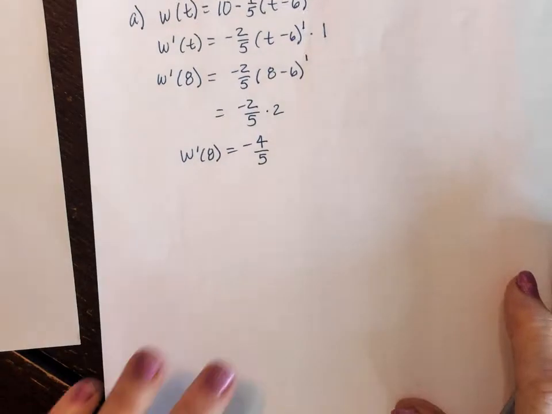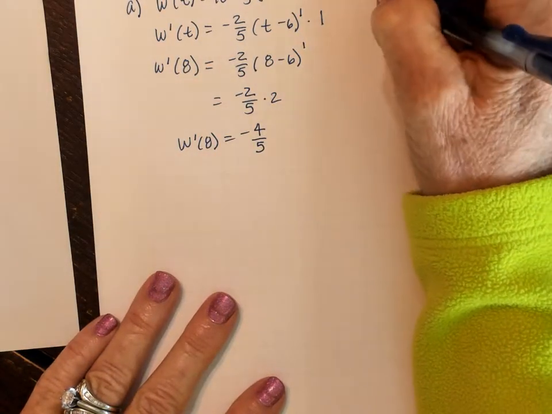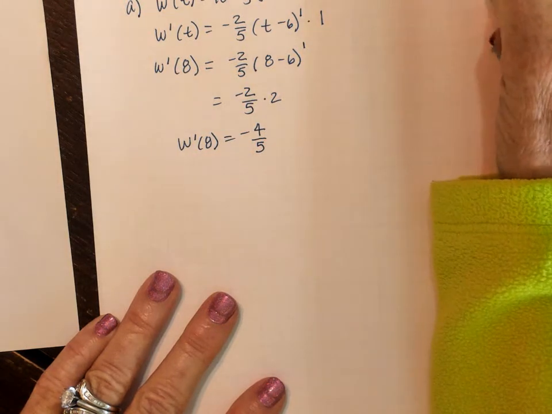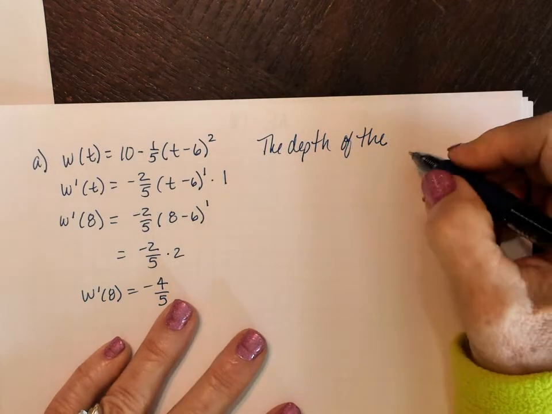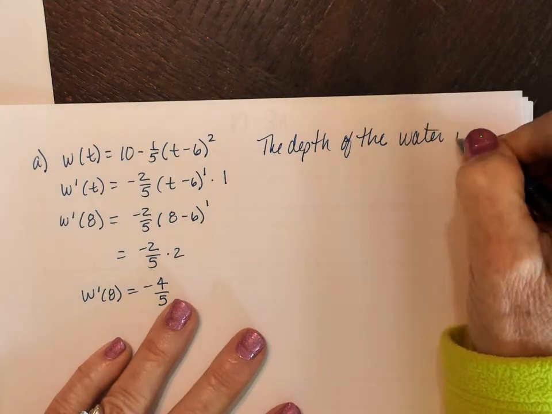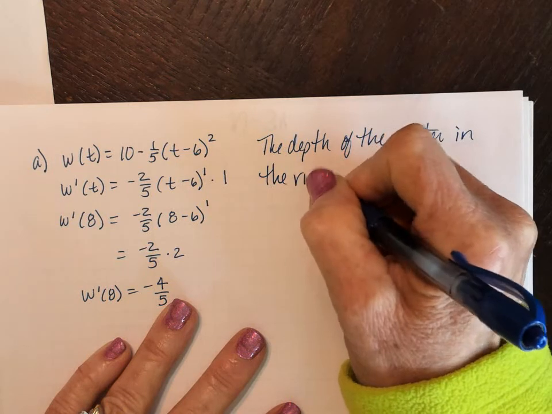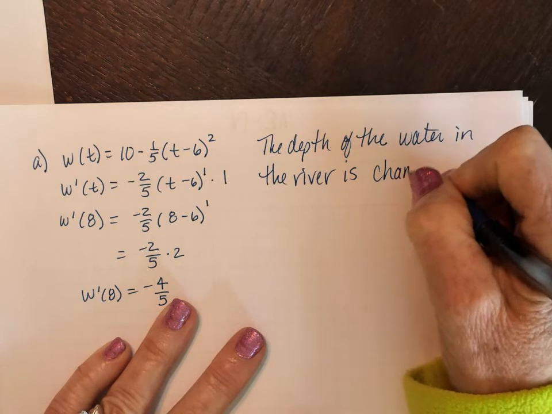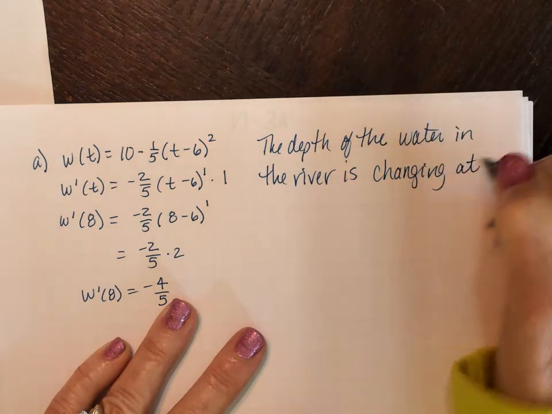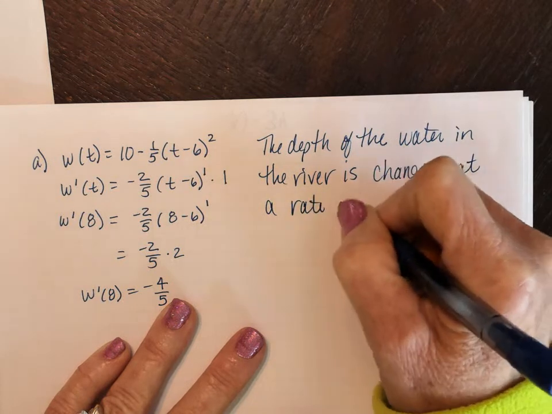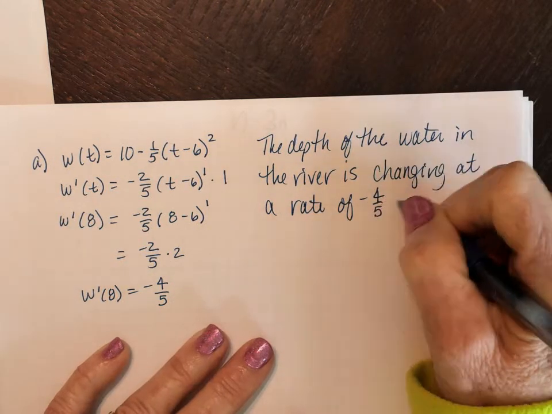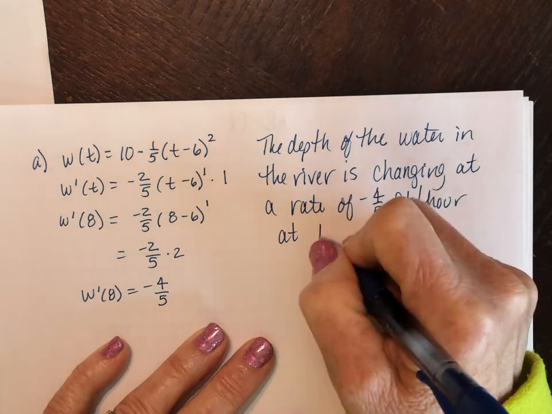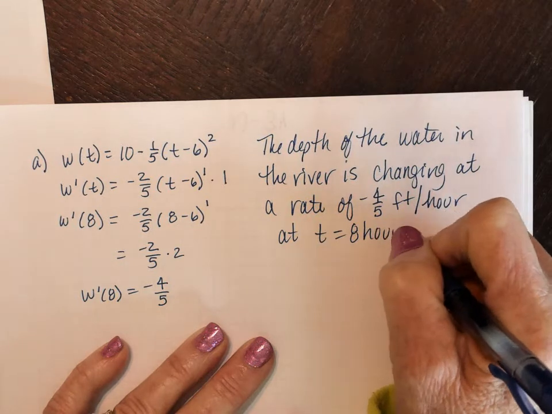If we write that out, we will say that the depth of the water in the river is changing at a rate of negative 4/5 feet per hour at time equals 8 hours.